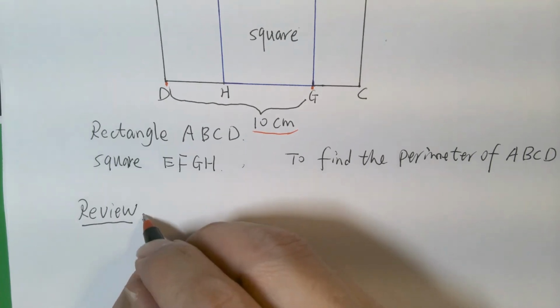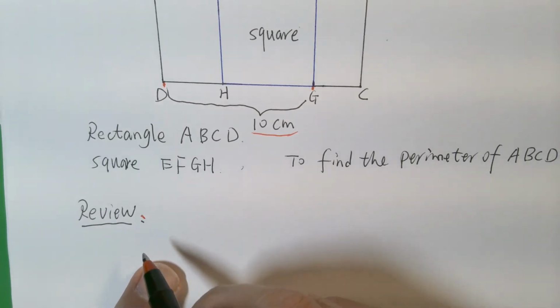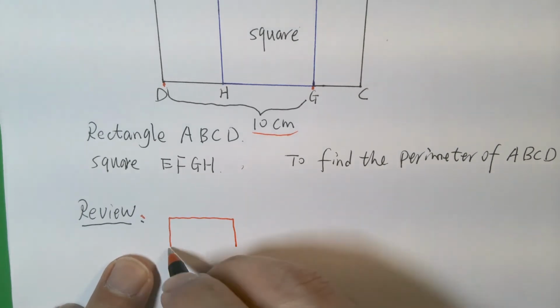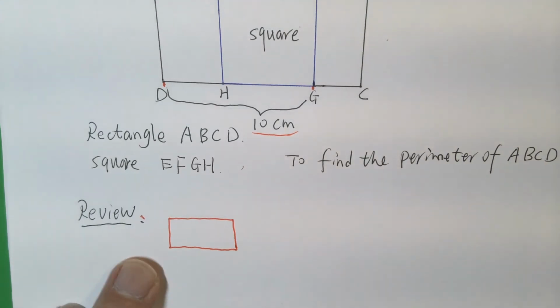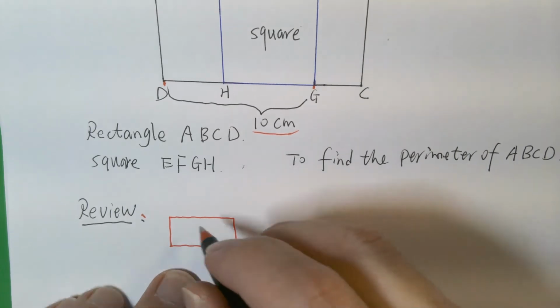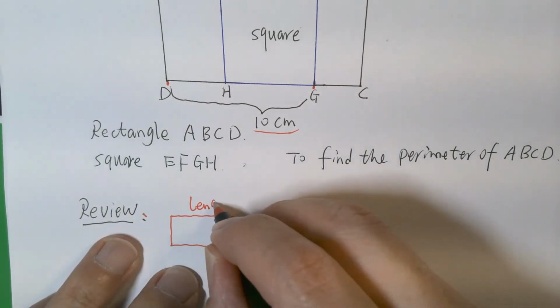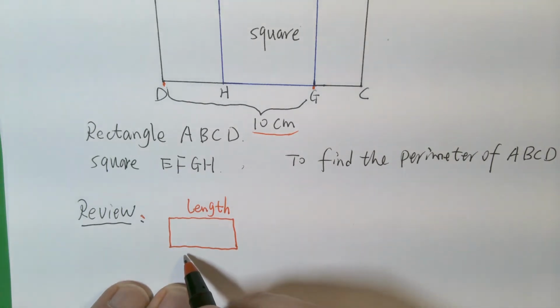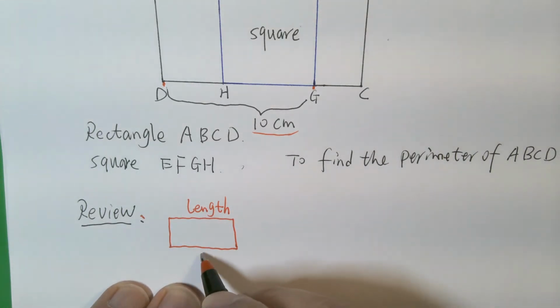A rectangle has a length on the top and the same length on the bottom.